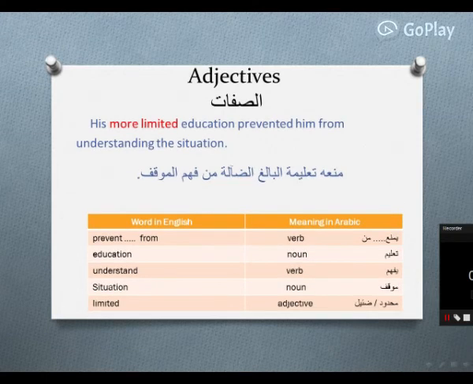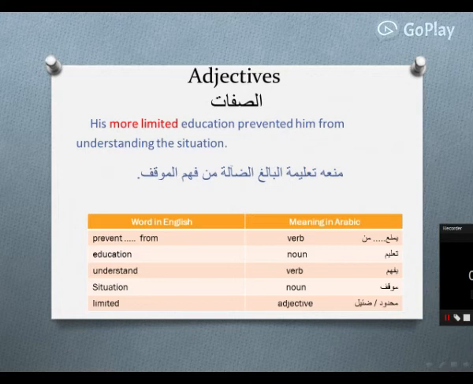Now we move to a more complicated structure. Look at this example. We have a comparative here. His more limited education prevented him from understanding the situation.